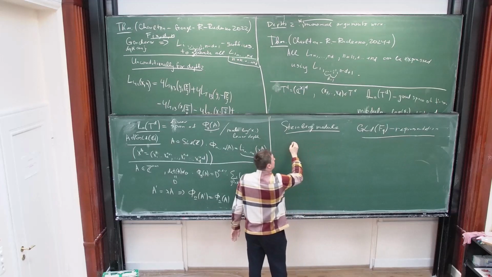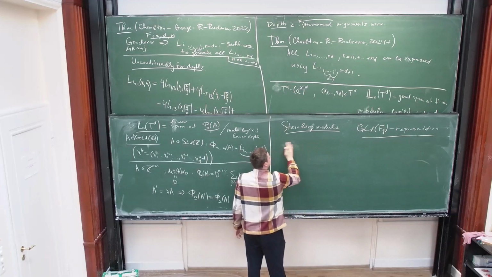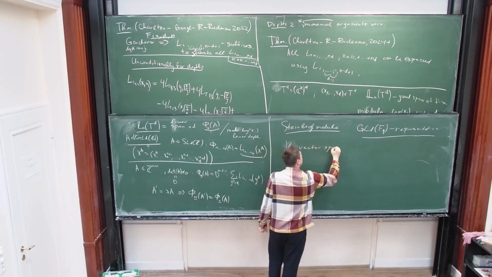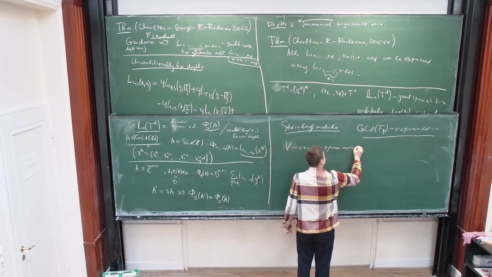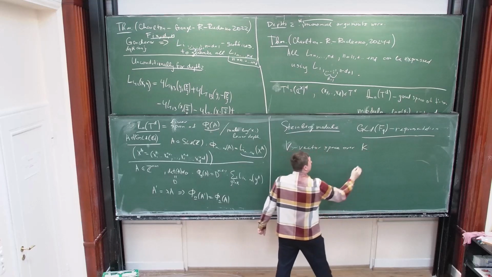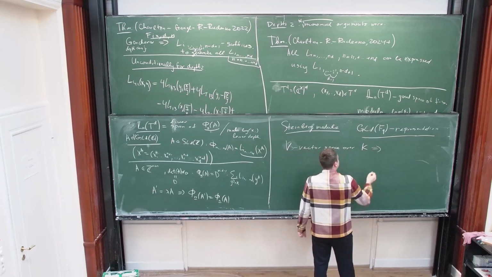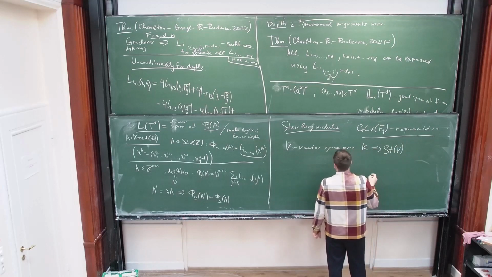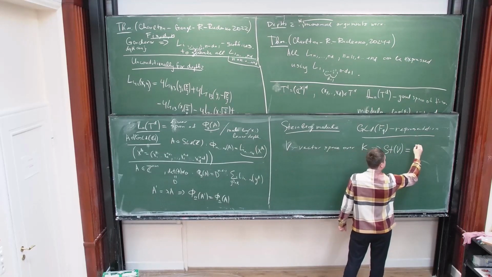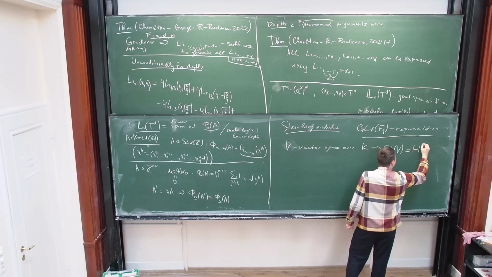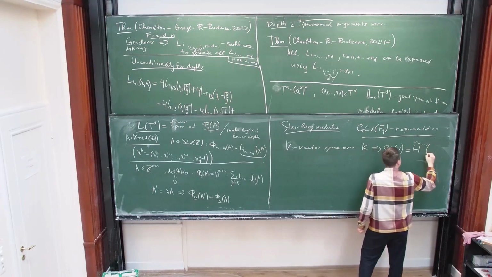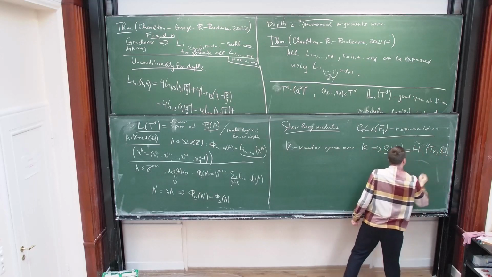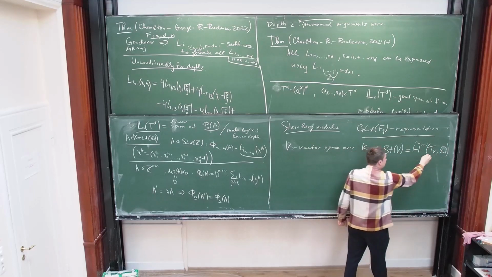A highbrow way of defining it is: you have V as a vector space over a field K. Then we define the Steinberg module of V as the top reduced homology of the Tits building, or the spherical Tits building.